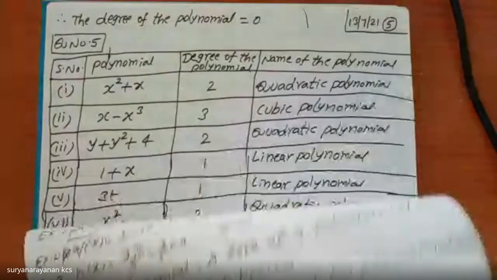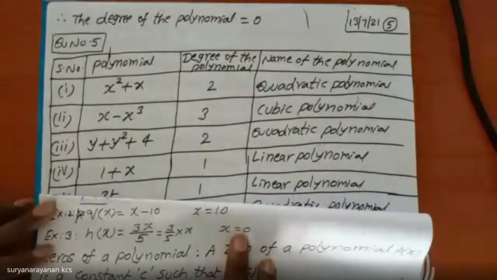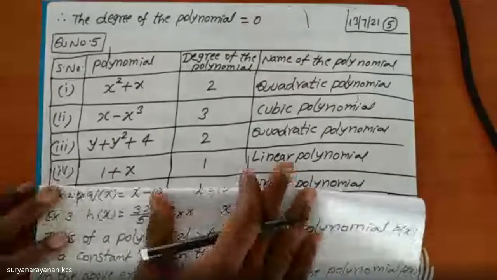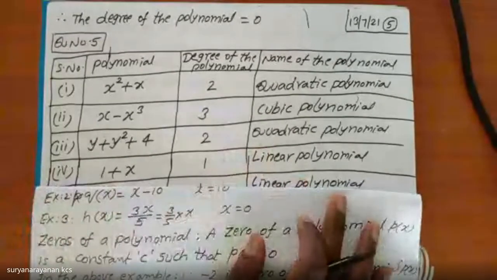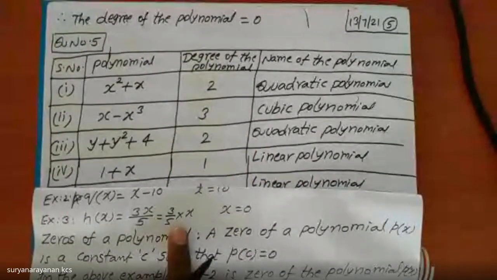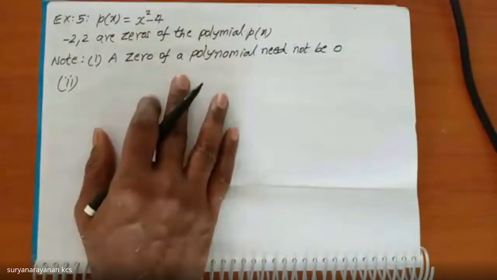And sometimes, in this example 3, what is the zero of this polynomial? Zero only. So sometimes zero may be the zero of the polynomial.